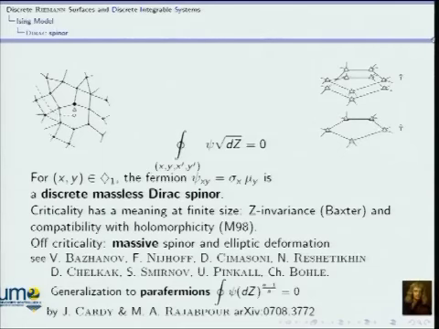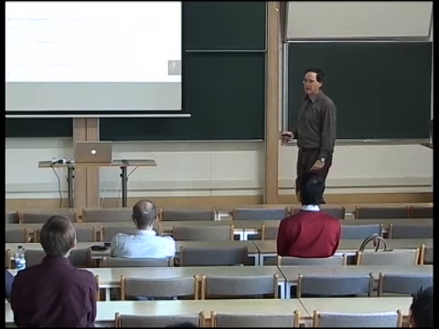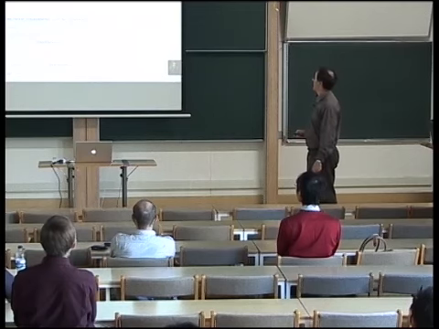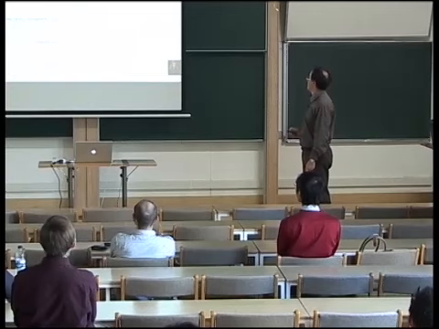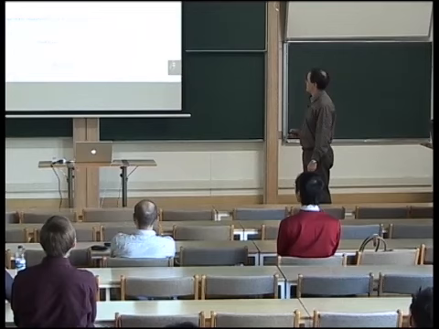There is an off-criticality renormalized version of it, leading to a massive spinor, an elliptic deformation of this Dirac spinor. So Bajanov told you about that, I think, and there is work on these spinors by Rechetikin, Simanozoni, and Smirnov and Chelkak, who proved the conformal invariance of the Ising model using this trick, and also Pinkall and Bobenko in Berlin.